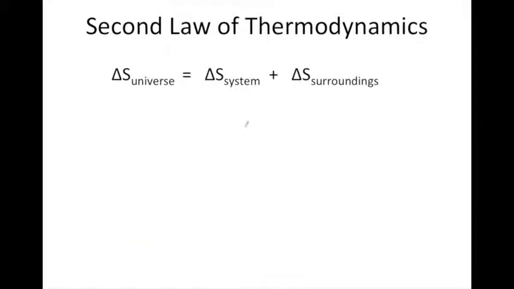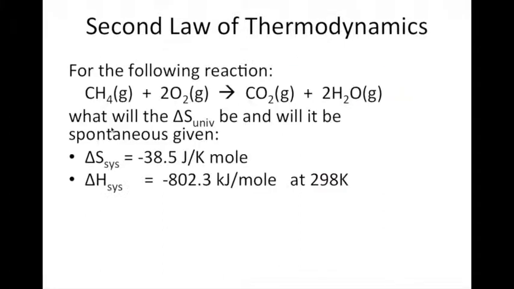So we could look again at our second law of thermodynamics, and we can replace this term here with delta H of the system divided by the temperature of our surroundings. So we can re-express the second law of thermodynamics as you see here.